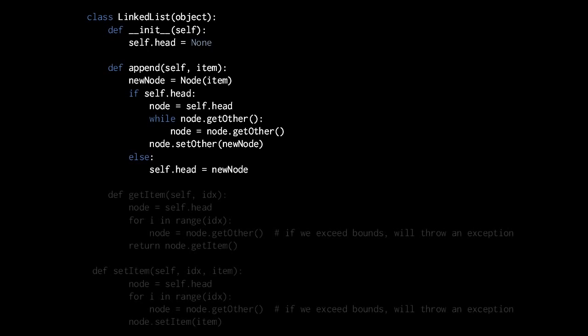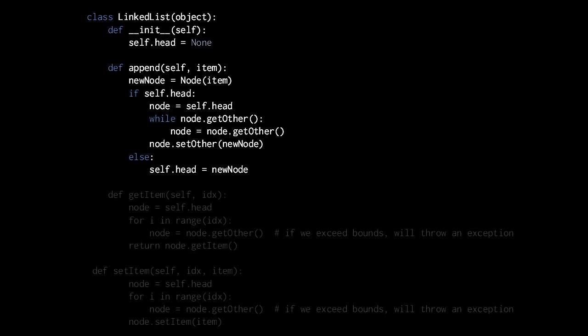On the other hand, if self.head is not equal to None, if there already is a head, then what we need to do is find the tail node. And we do so simply by following the chain of references from the head node to the last node in our list, which is the node where the reference is equal to None. And see here, we can do this by assigning self.head to a variable node, and then we loop with a condition of node.getOther.